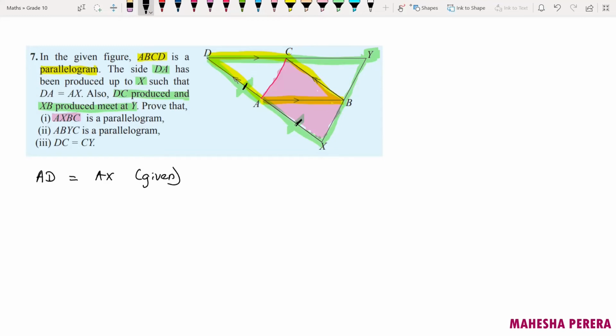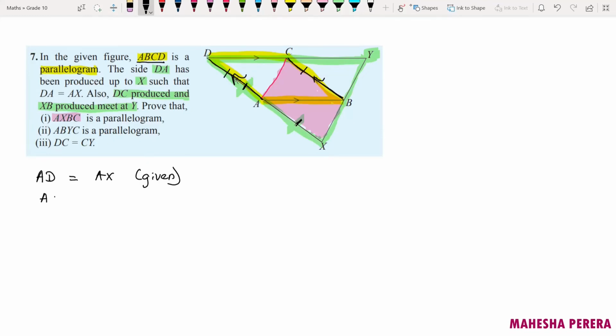AD equals AX, given. And then if you consider parallelogram ABCD, right? AD is parallel to BC, right? These are parallel. Also, they are equal, right? Opposite sides of a parallelogram are equal.